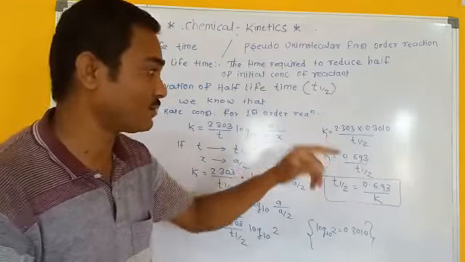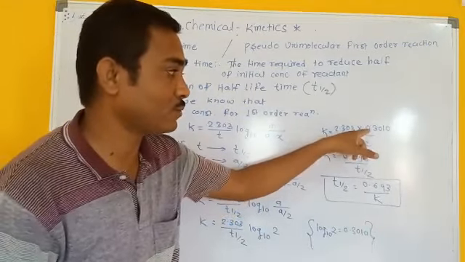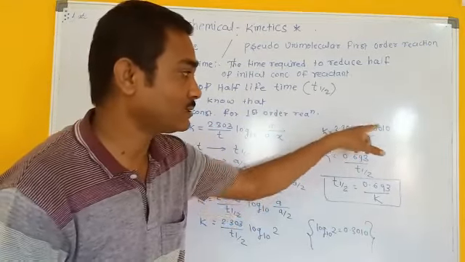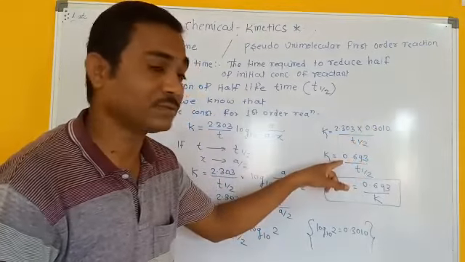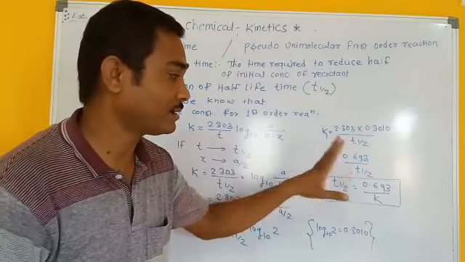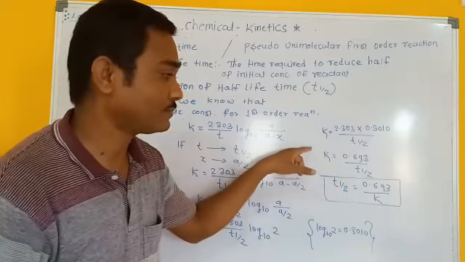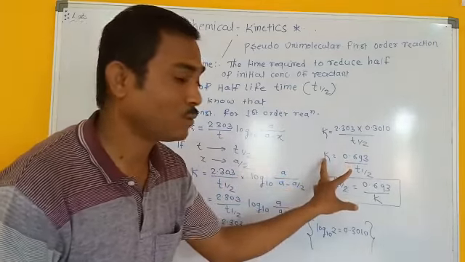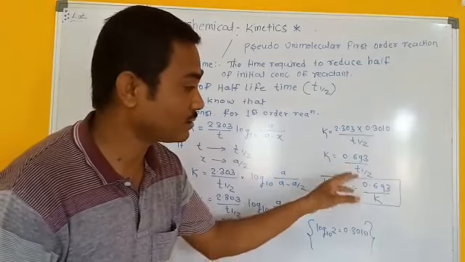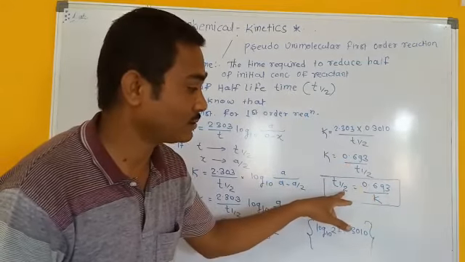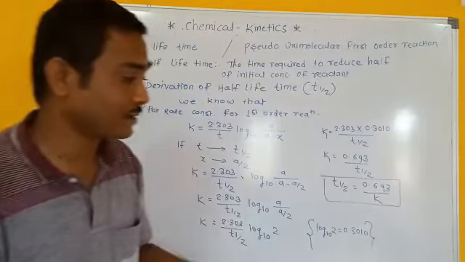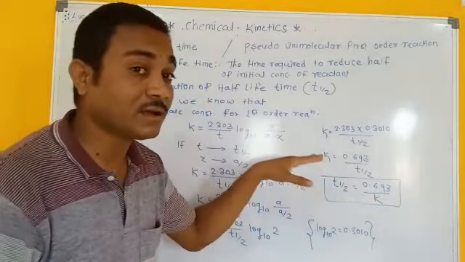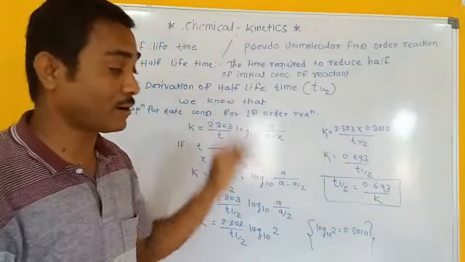Put this value: K is 2.303 into 0.3010, which becomes 0.693 divided by T half. Interchanging the terms, T half becomes 0.693 divided by K, which is the required expression for the half-life period of a first order reaction.